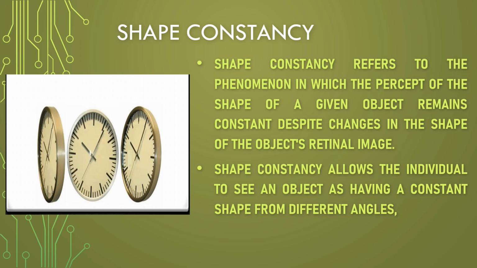It is important because if we didn't have this ability, then what happens? Everything will look different depending on where we are standing or from which angle we are looking at the object. Shape constancy is also known as form constancy.